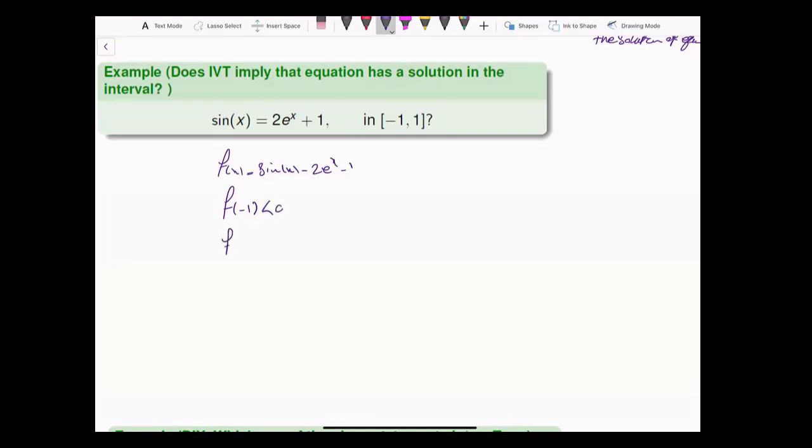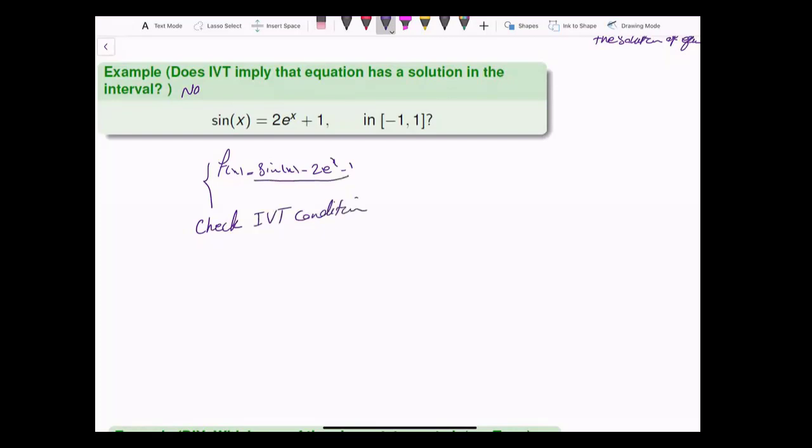And f at, okay. So the question says, can we use IVT to show that this has a solution? The answer is no. And when you check the conditions, you will see what is wrong.